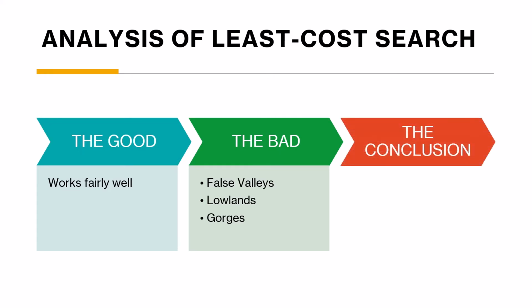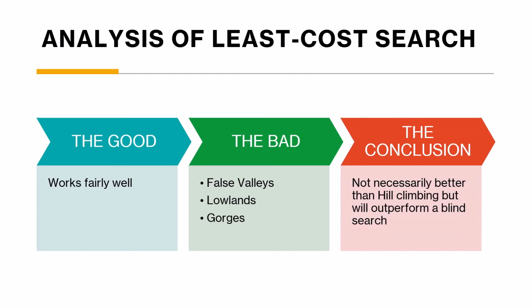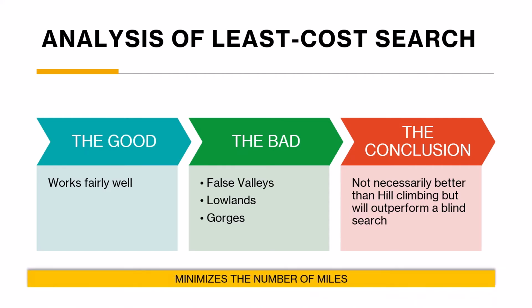The conclusion, therefore, is that we cannot really say that the least cost search is better than the hill climbing search technique, but it will definitely outperform blind search techniques like the depth first search technique and the breadth first search technique. As I mentioned at the beginning of the session, our goal was to shorten the length of the route, and we have indeed done that using the least cost search technique, minimizing the number of miles, right?